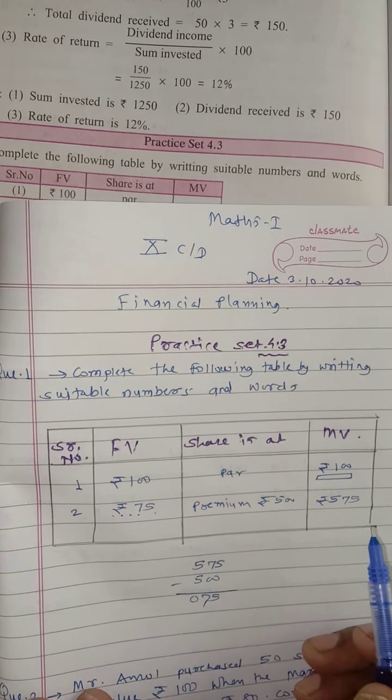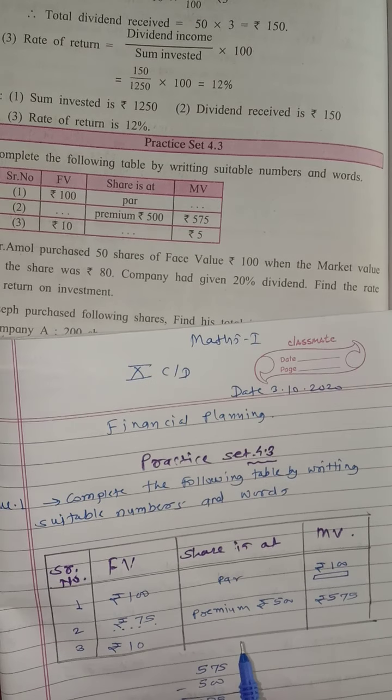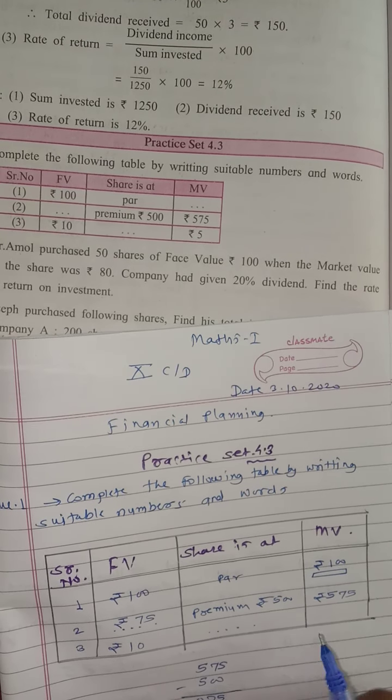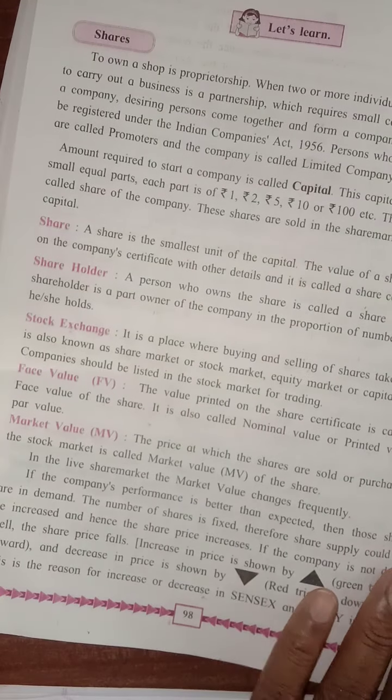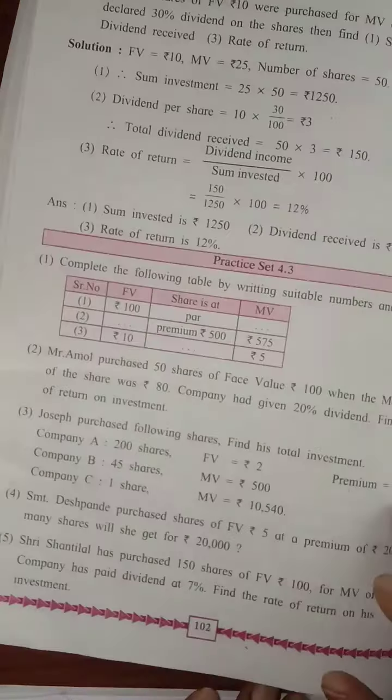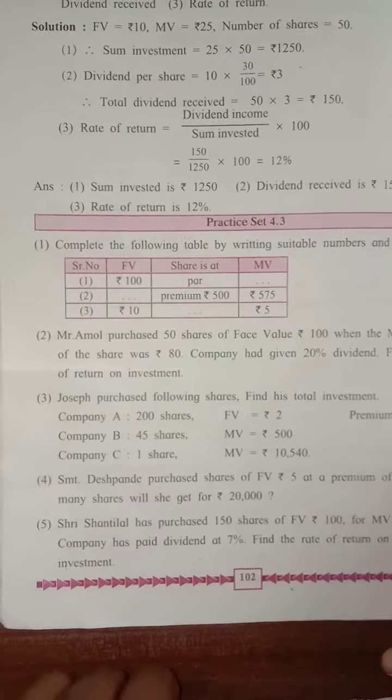In the third example, face value is rupees 10 and market value is rupees 5. Then we study this relation: face value is 10 and market value is 5.